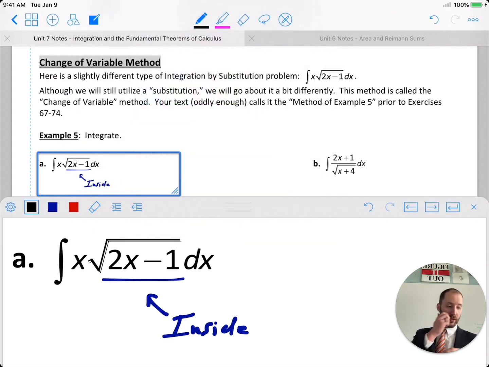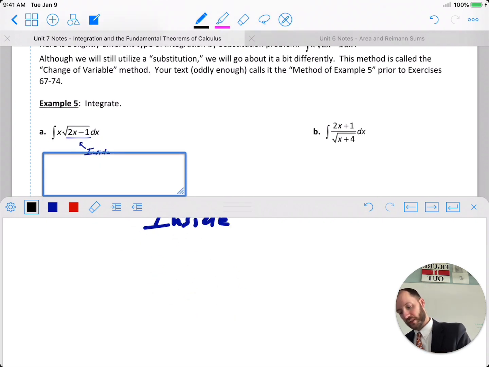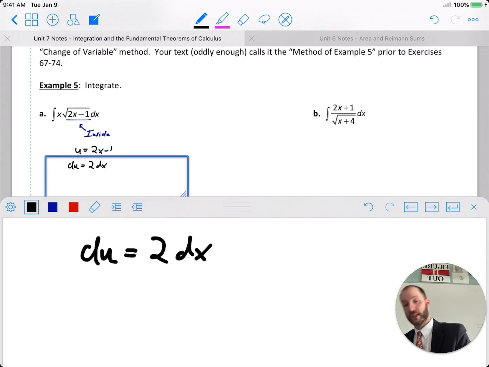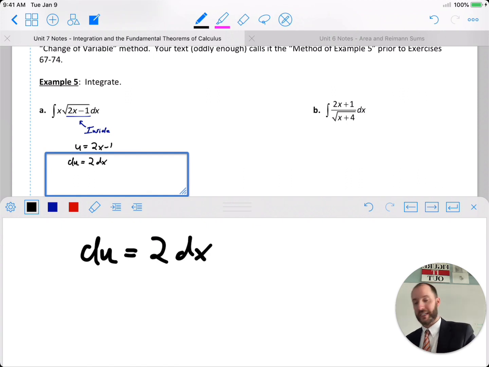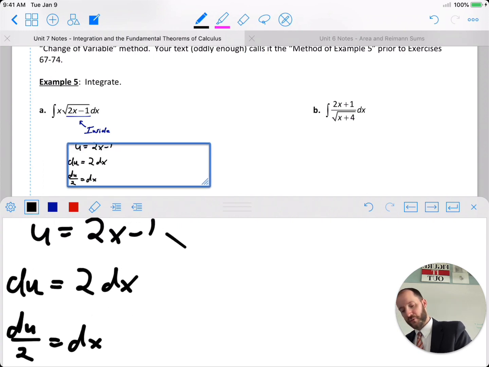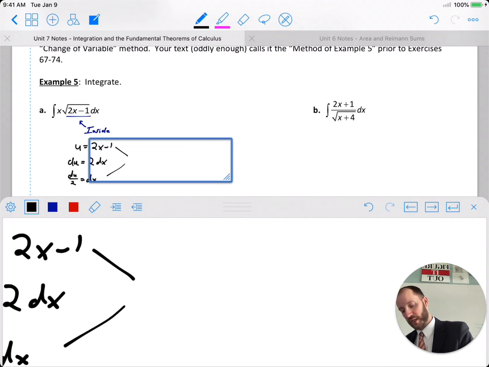And then you go about doing that inside function, the u expresses. So u equals 2x minus 1, du equals 2 dx, then solve for dx, like always. So du over 2 equals dx. And then take the first and last piece, put them together.